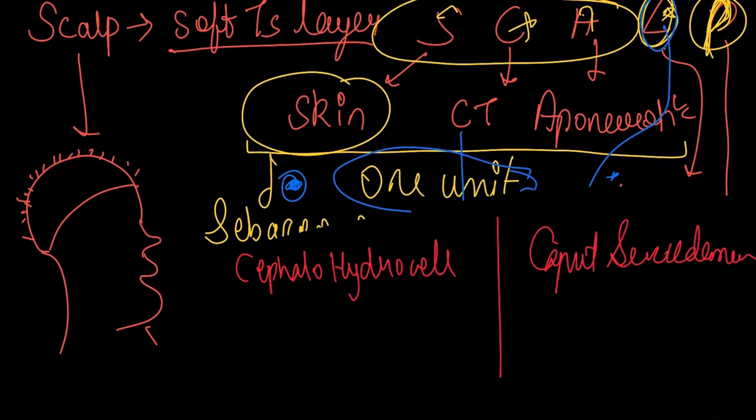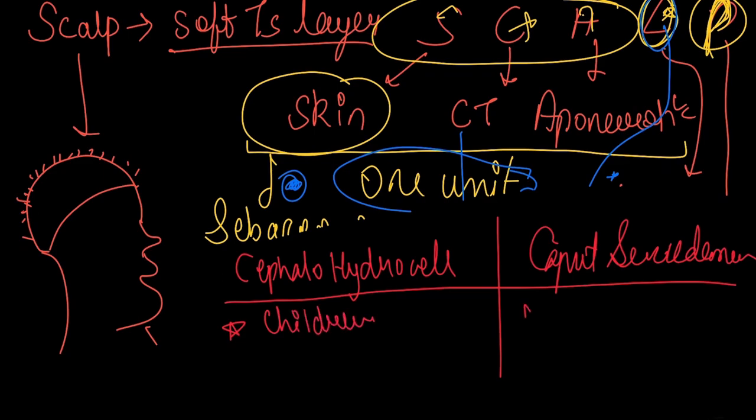When we differentiate between these two, there is a difference between them. What is that? Cephalohydrocele is seen in children, whereas caput succedaneum is seen in the newborn baby.